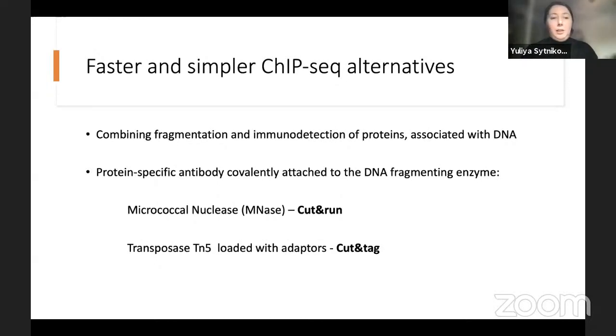So with micrococcal nuclease, later on you need to make a library of these DNA fragments, and with Tn5, Tn5 itself is introducing PCR and sequencing adapters, so you need just to amplify these fragments and use them for sequencing.